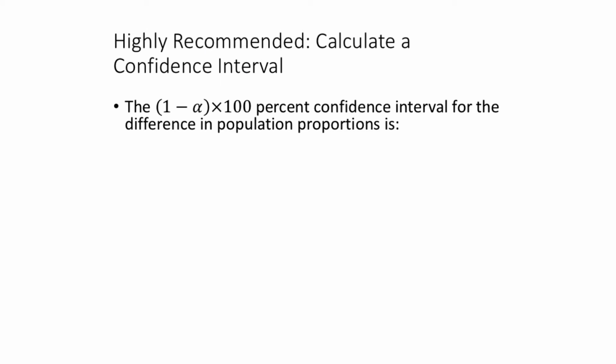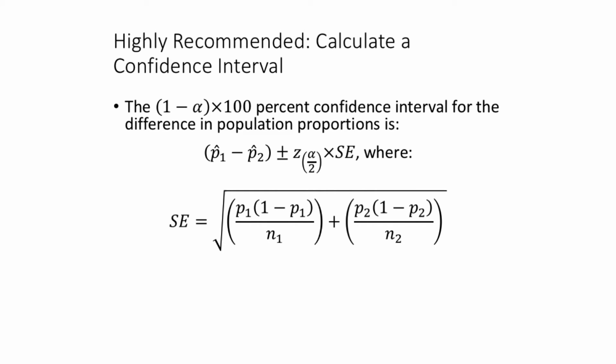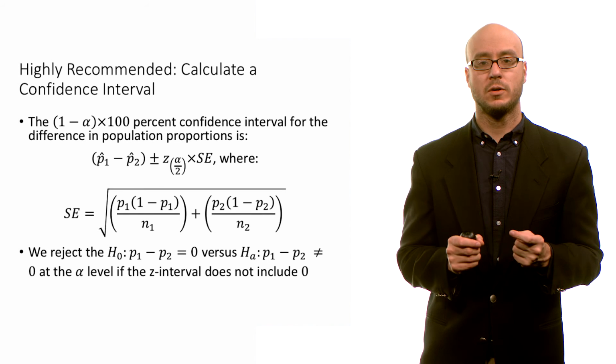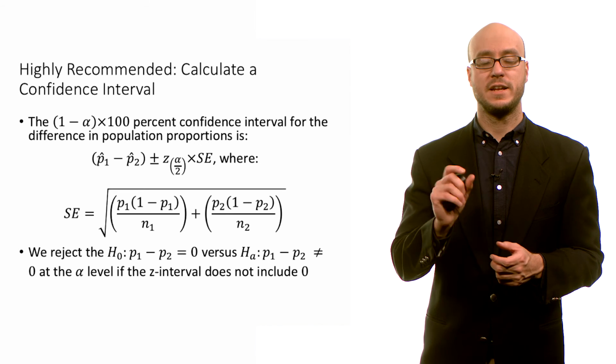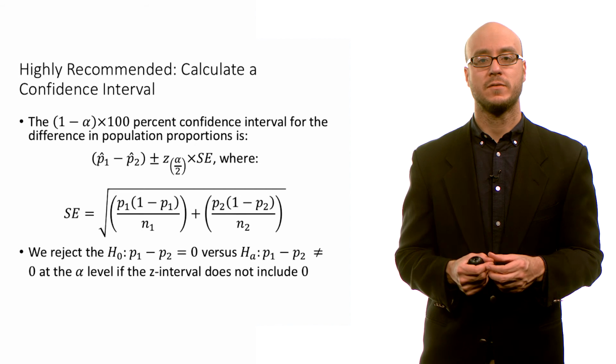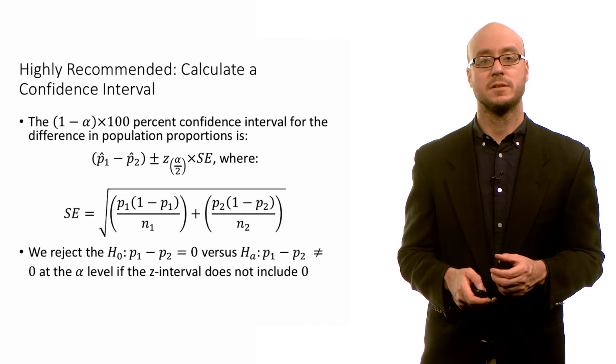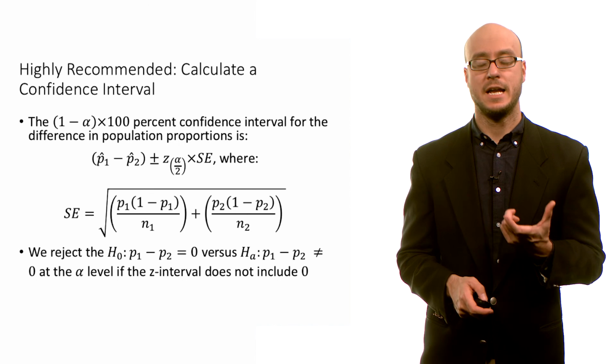Then we can also calculate a 95% confidence interval. We take the point estimate for that difference of proportions in the population, and we add and subtract the margin of error, where the standard error is calculated as before. We're going to reject the null that the difference in the population is 0, versus the alternative that the difference is not equal to 0, if that z-interval does not include 0.